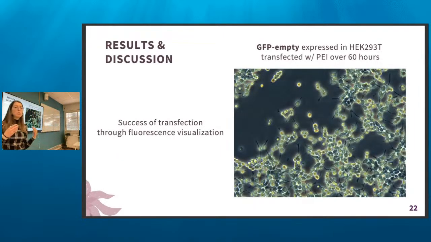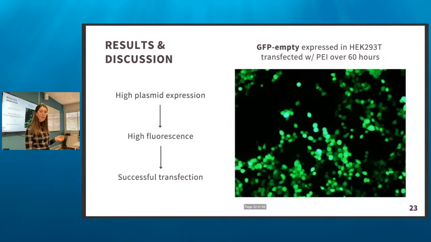In order to visualize the expression of our protein of interest, we use the tag green fluorescent protein, which allows us exactly to visualize this expression. Here we transfected the human cells with the plasmid encoding GFP empty, and over 60 hours of transfection, we saw that the cells expressed the plasmid highly, which results in a high fluorescence detection, as you can see, meaning that the transfection has been successful.